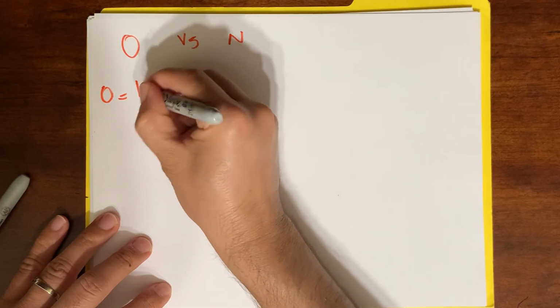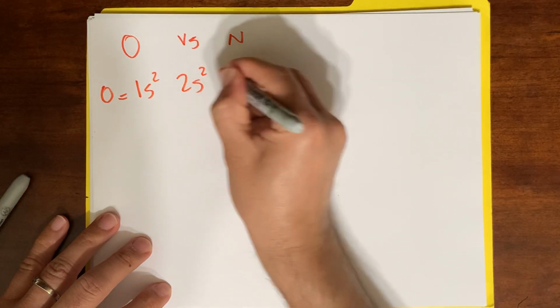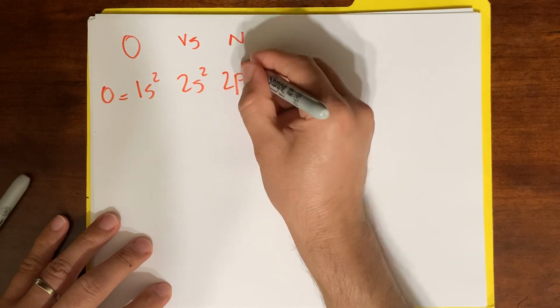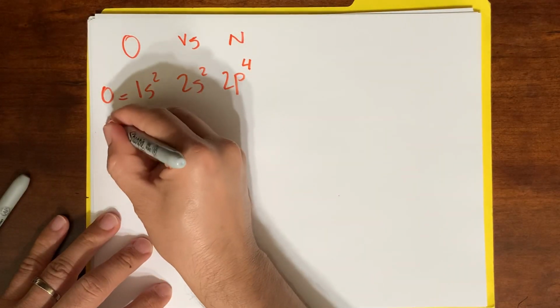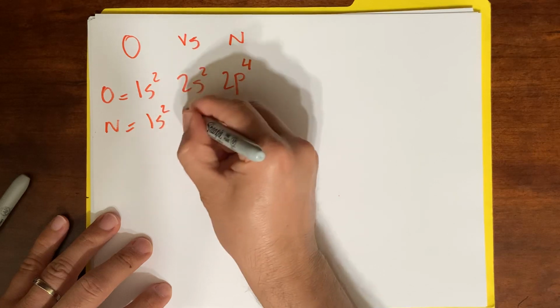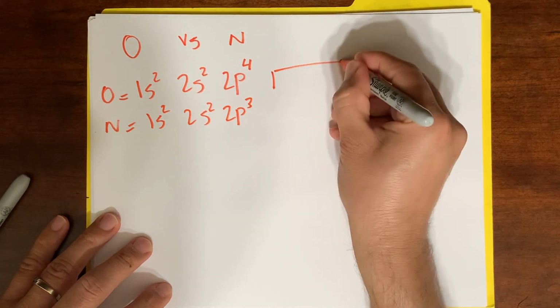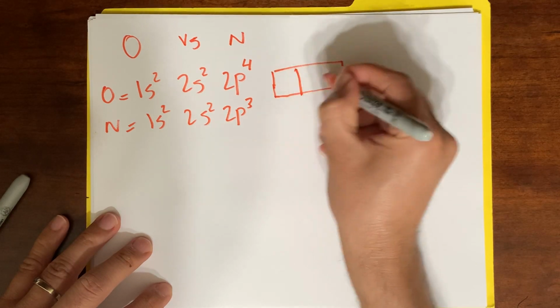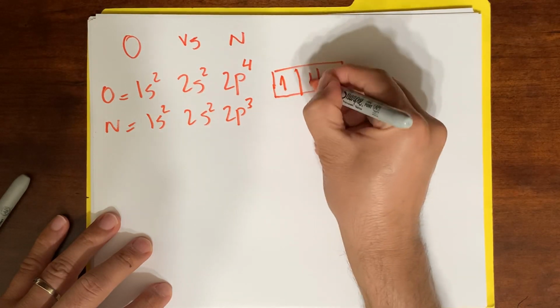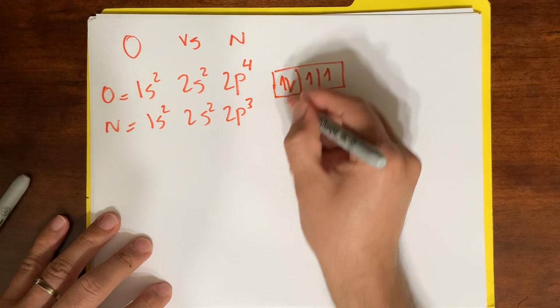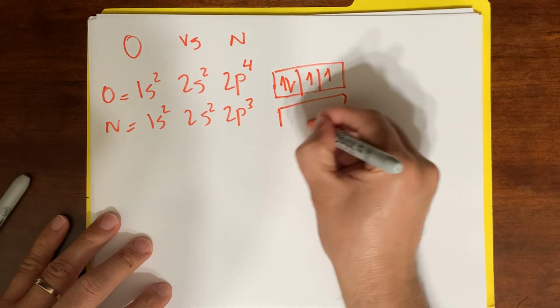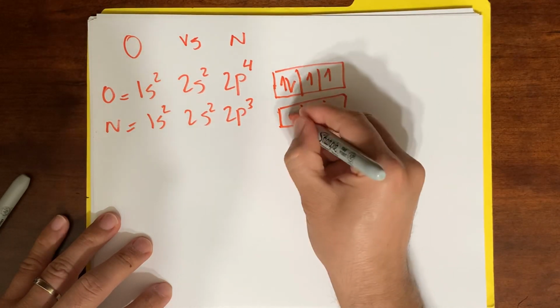Oxygen is 1s2, 2s2, 2p4. Nitrogen is 1s2, 2s2, 2p3. Let's draw the last orbital. We have 4 electrons for oxygen, and for nitrogen we have 3 electrons.